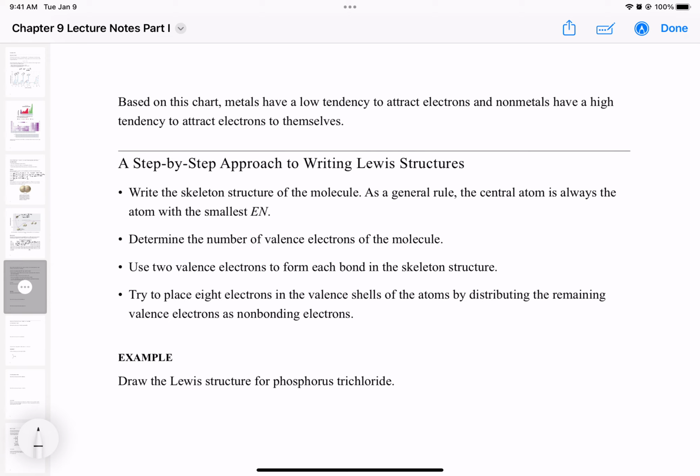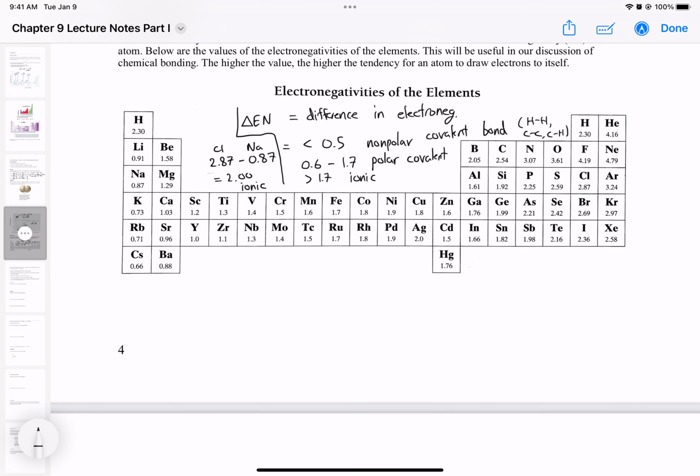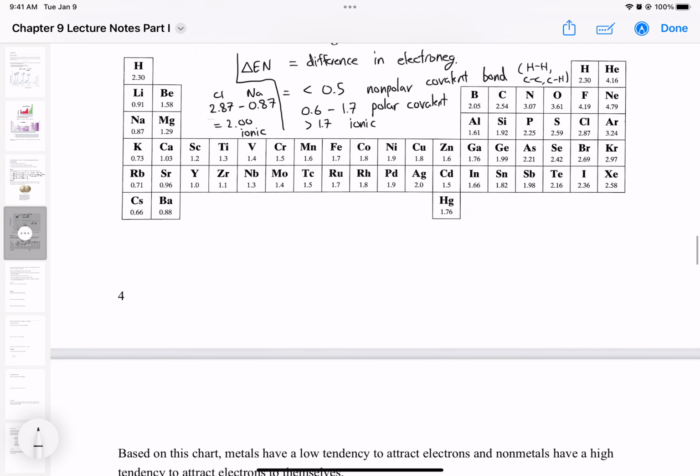Okay, so now that we got all those concepts down, we're going to go a step-by-step approach to writing Lewis structures. But one thing I want to mention before, if you look at this chart here, low electronegativity values: metals tend to donate electrons, so they don't have high electronegativity values.